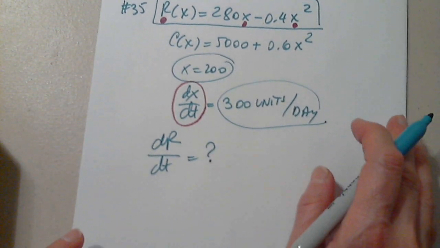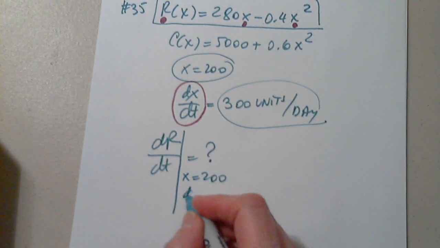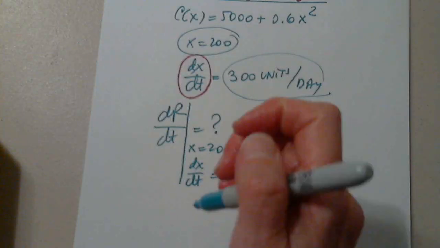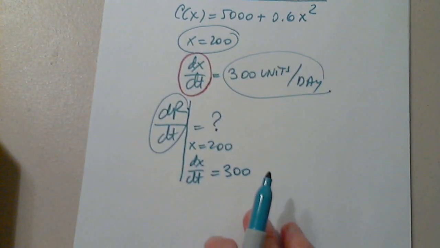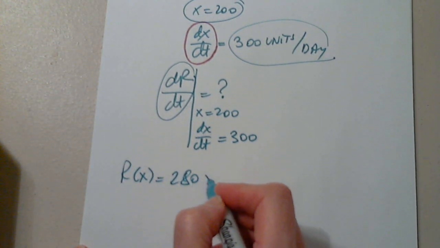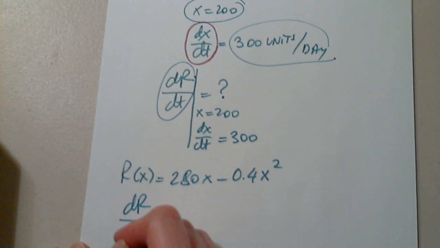So that's the complete question. When x equals 200 and dx over dt equals 300. But first we have to find dr over dt. So I'm going to copy r here. So let's find dr over dt.